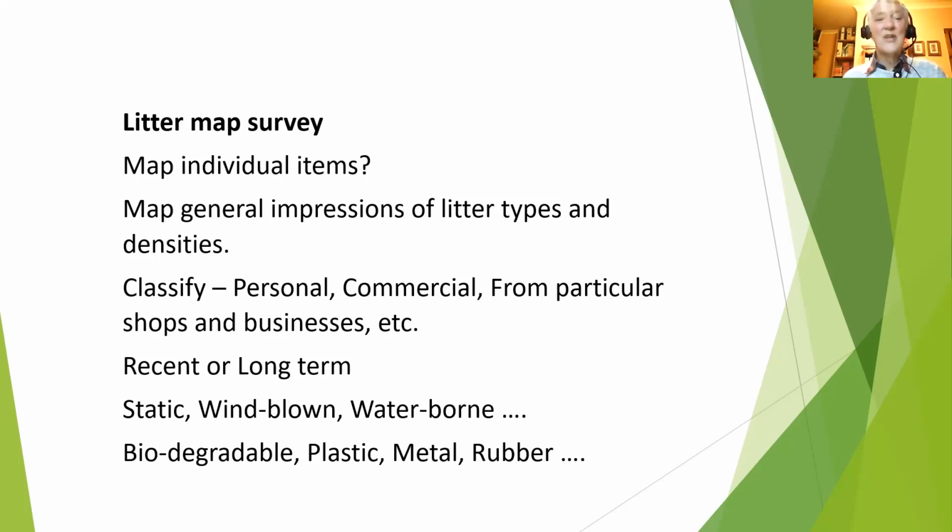Does the litter look as though it's recent or long term? Sometimes the litter's really caught up in the grass. You know, the grass has grown and it's tying down the beer cans and the Costa coffee cups and so on. Or sometimes it's just blowing around on the pavement.